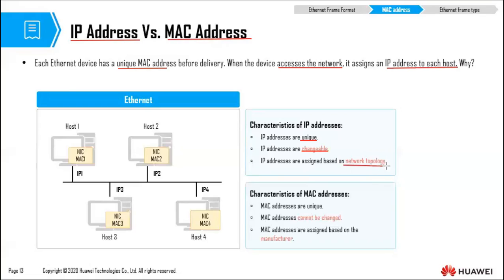IP addresses are also assigned based on the network topology. Most of the time, we create subnets. You remember subnets? Characteristics of MAC addresses: they're unique, cannot be changed, and you're going to understand why in the subsequent slides. MAC addresses are assigned based on the manufacturer. So every NIC will have a unique MAC address, and every machine will have a unique IP on the network.